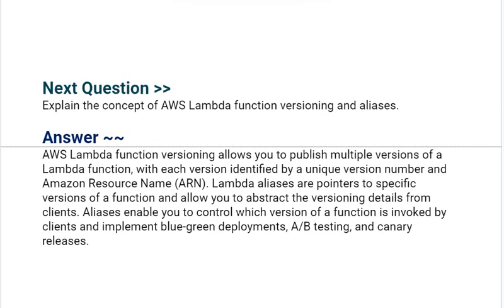Lambda aliases are pointers to specific versions of a function that allow you to abstract the versioning details from clients. Aliases enable you to control which version of a function is invoked by clients and implement blue-green deployments, A/B testing, and canary releases.